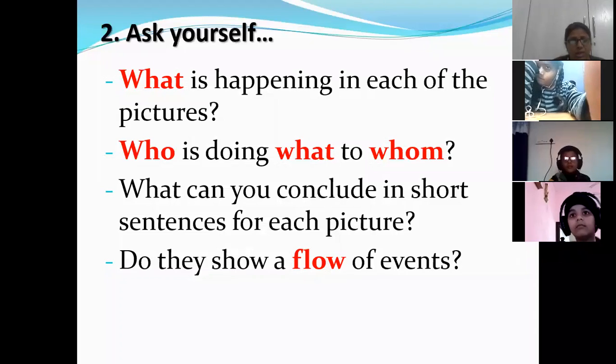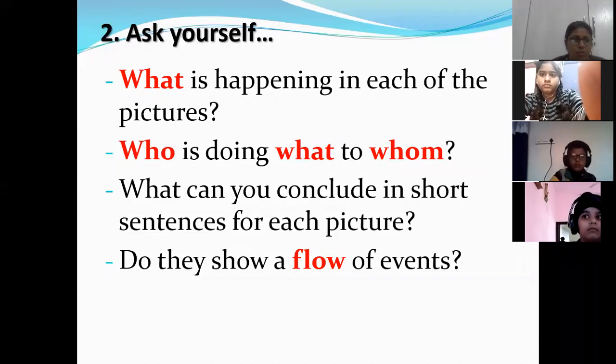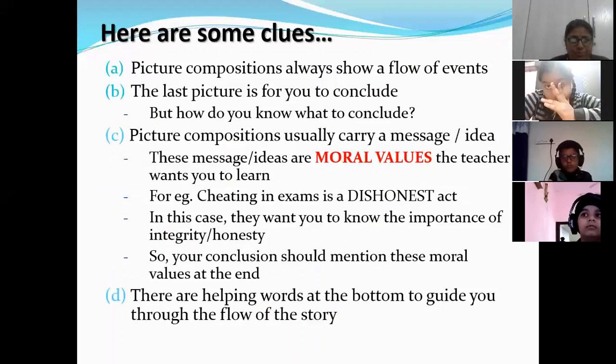When you are writing a story or a composition, starting from the first picture and ending at the last one, is there a flow or is it a jumbled story, with something happening before and something happening afterwards? These are the basic points you should ask yourself when you are writing a story or a picture composition.